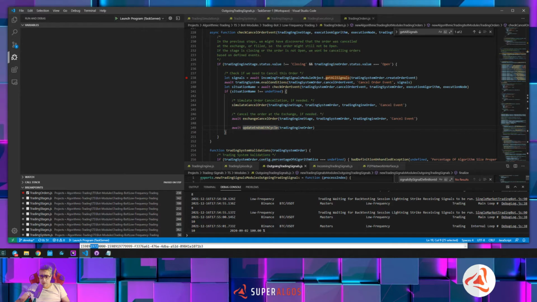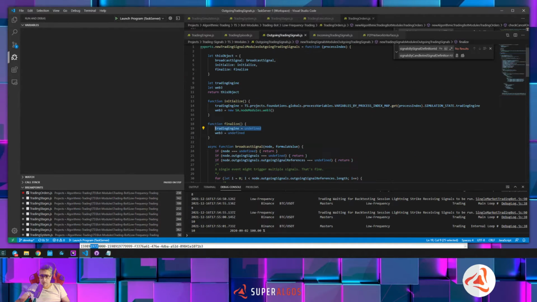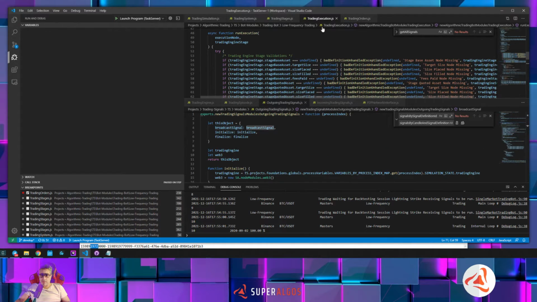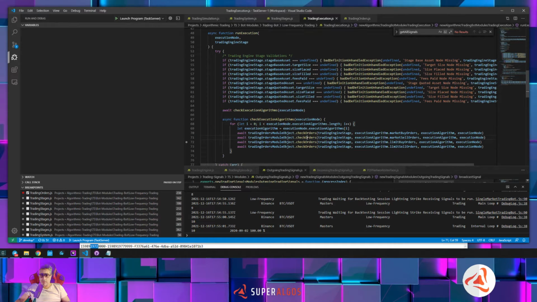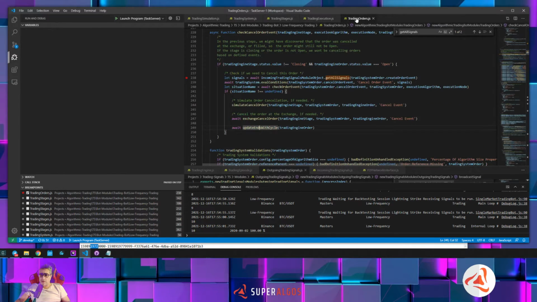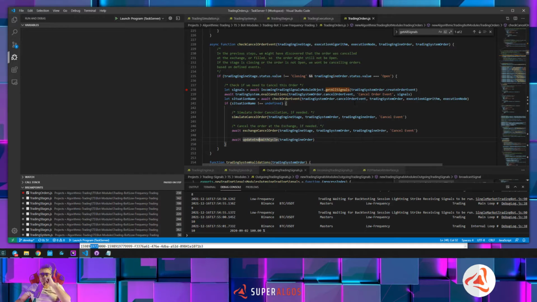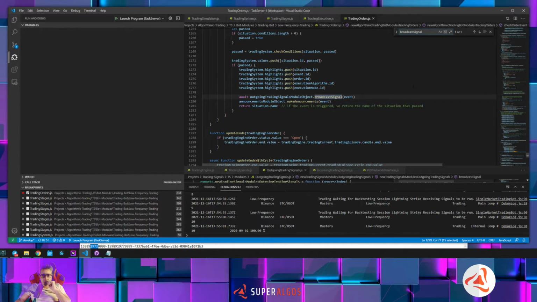Outgoing signals, no, not here. So where are we broadcasting signals here?